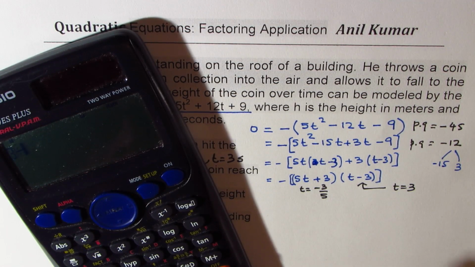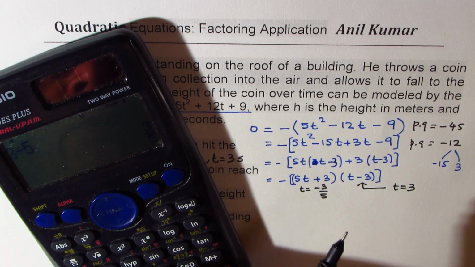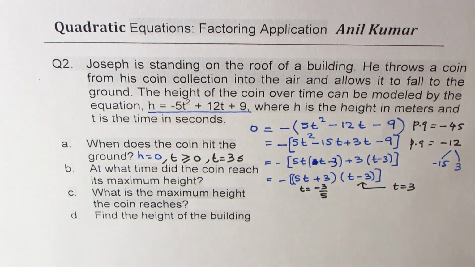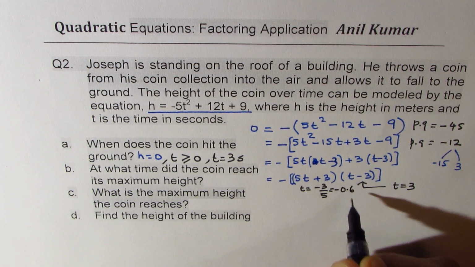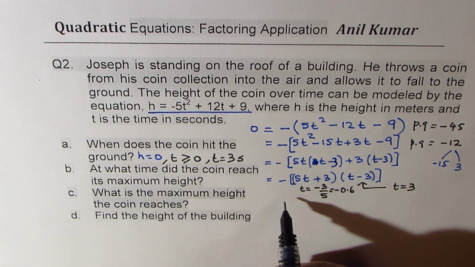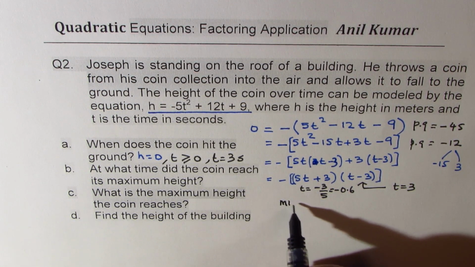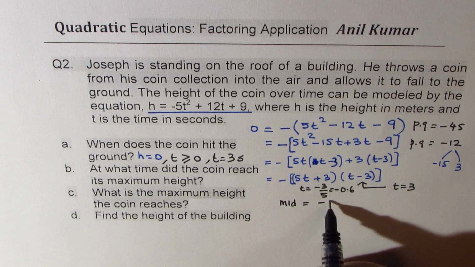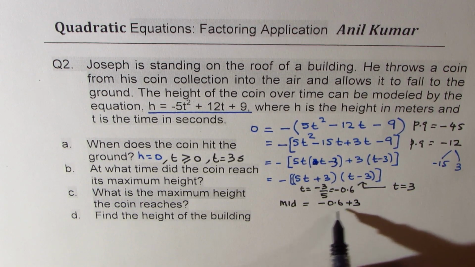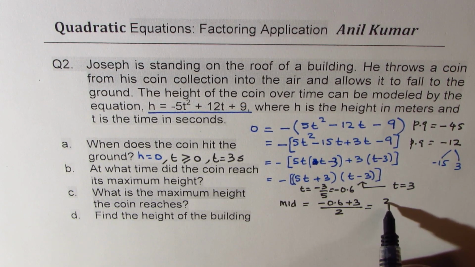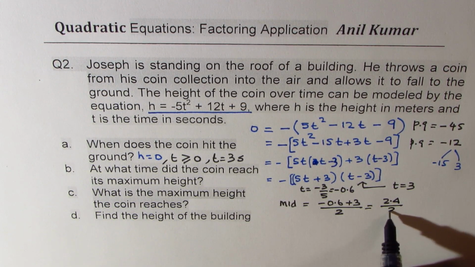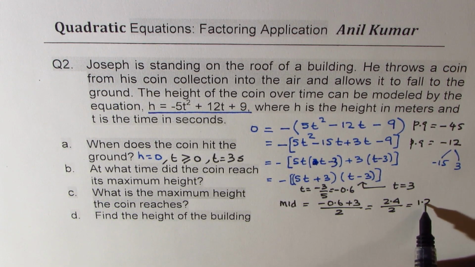So 3 divided by 5 is equal to 0.6. So this is minus 0.6. So the mid value here is minus 0.6 plus 3 divided by 2, right? So which is 2.4 divided by 2, which is 1.2.